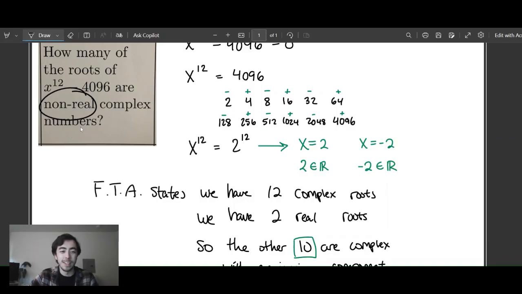Same idea as saying 2 is a complex number. 2 is an element of the complex numbers. Just because it has no imaginary part, you could still classify it as a complex number, but this is also a real number. So that's why it says non-real complex numbers, because it really wants those that do have this extra imaginary component tacked onto the side.